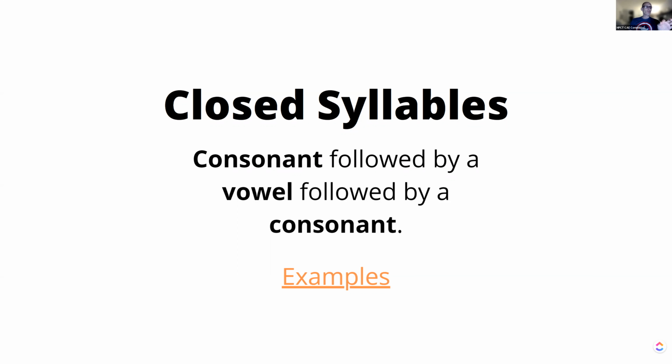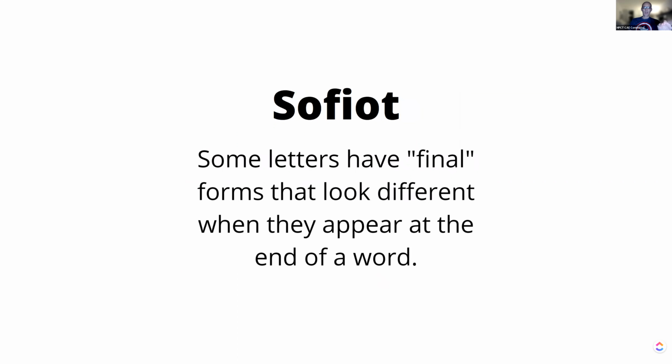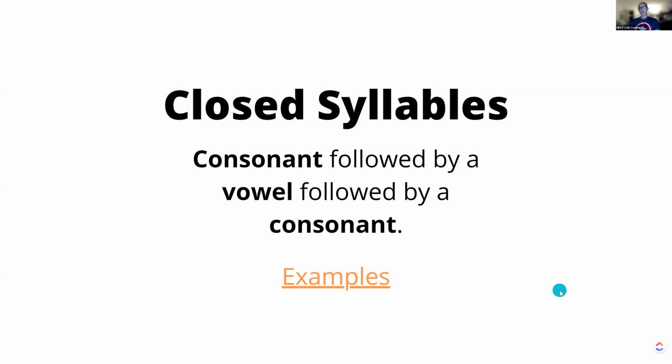So I want to make sure we remind ourselves of it before we dive into the new material. Again, a closed syllable is a consonant followed by a vowel followed by a consonant. Some examples I put in Brainscape.